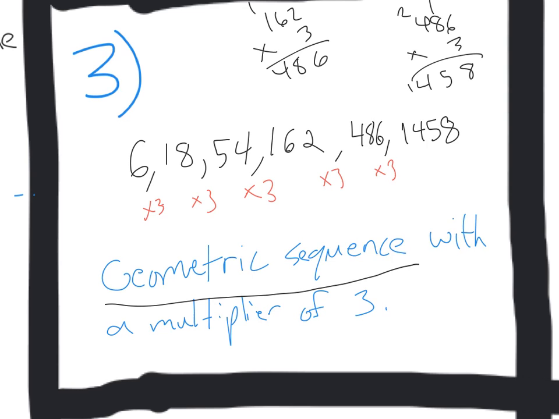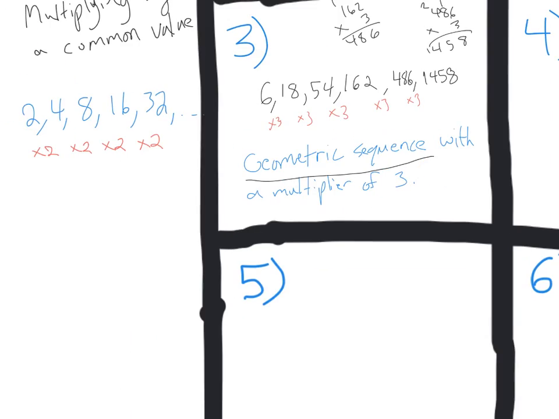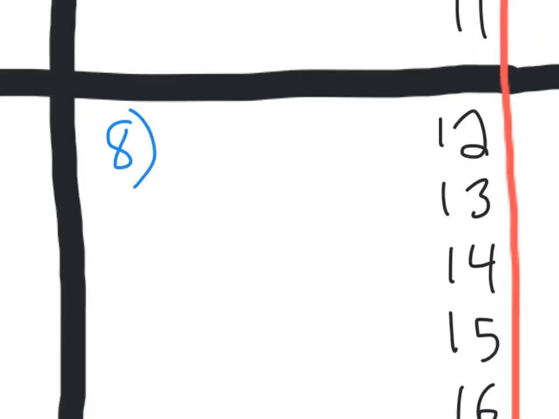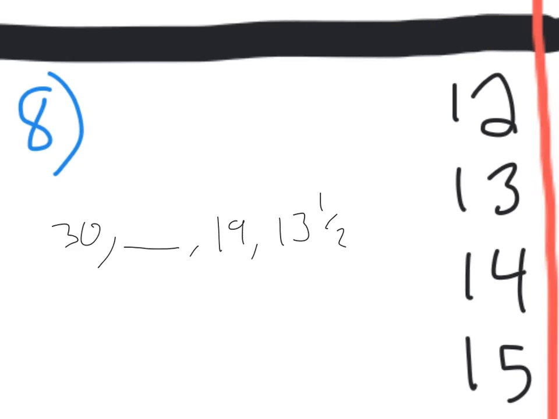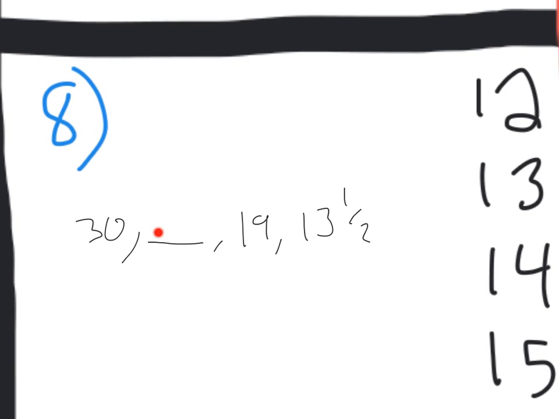Let me help you with number 8 really quick, and then that will be the end of this video. So here we're asked to find the missing number in the sequence, and they give us 30, a blank, 19, and then 13 and a half. Okay, so we want to figure out what number is going to go in this blank right here.